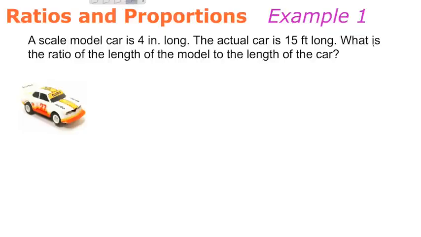So we're comparing the length of the model to the length of the car, but to simplify it, we're comparing the length of the model to the length of the actual car.